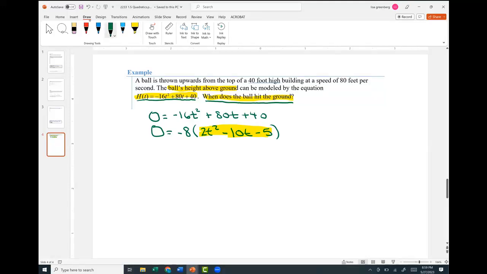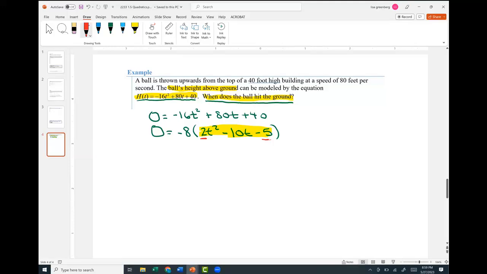How do I know? I think about the AC method that we just did, and I say A times C, well, that's 10. 10 can be factored into 1 and 10 and 2 and 5. And neither one of those values will give me a negative 10 for the B if I add or subtract them.